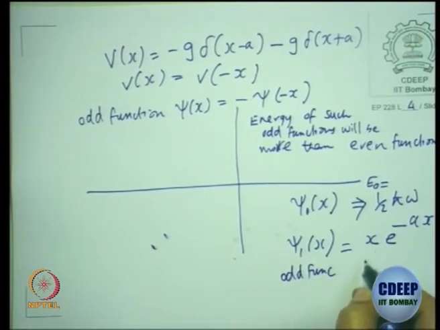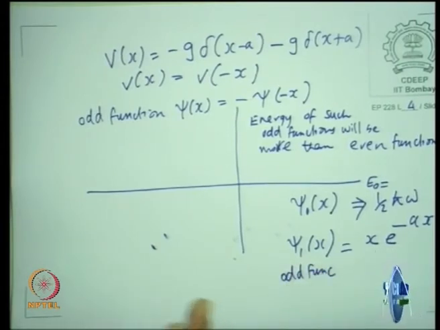whose energy you can work out by two methods. What is one method? Put this wave function in your time independent Schrodinger equation, compare powers of x, find the energies, right? You can do that. If you do that, what will you get?